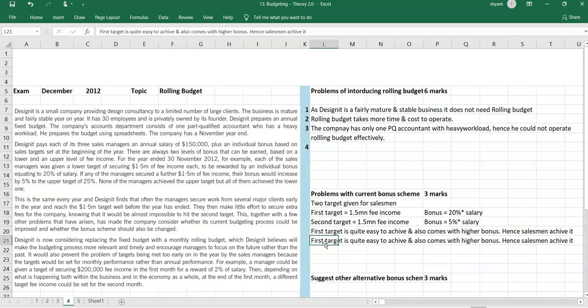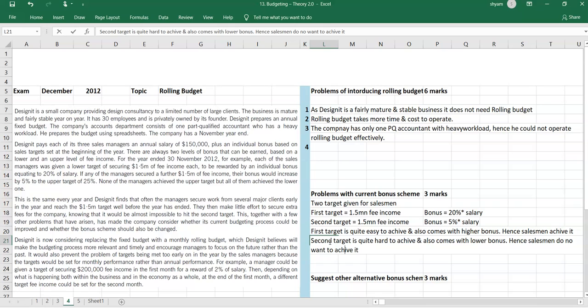So what about the second target? See, the second target is quite hard to achieve and also comes with a lower bonus. Hence, salesmen do not want to achieve it.